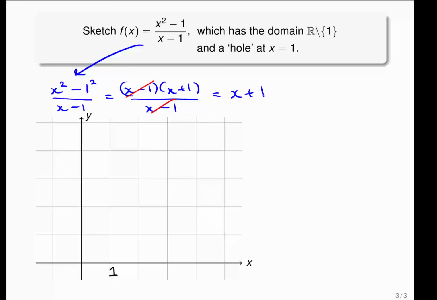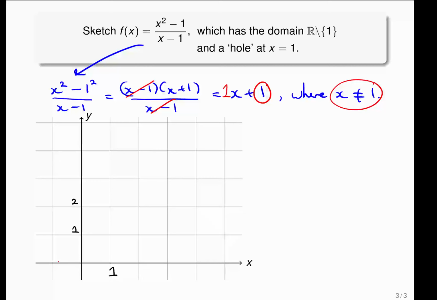Also bear in mind that x isn't allowed to be 1, since that's not part of the domain. Since x plus 1 is linear, the graph of our original function is therefore just the straight line with y-intercept 1 and slope 1, where x is not allowed to be 1.